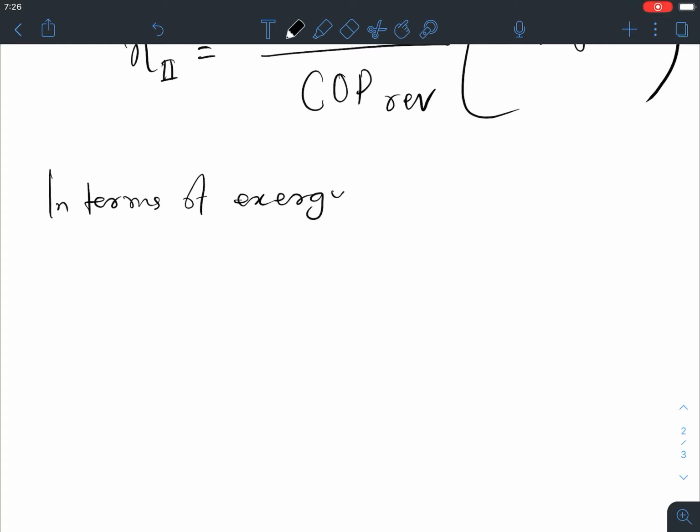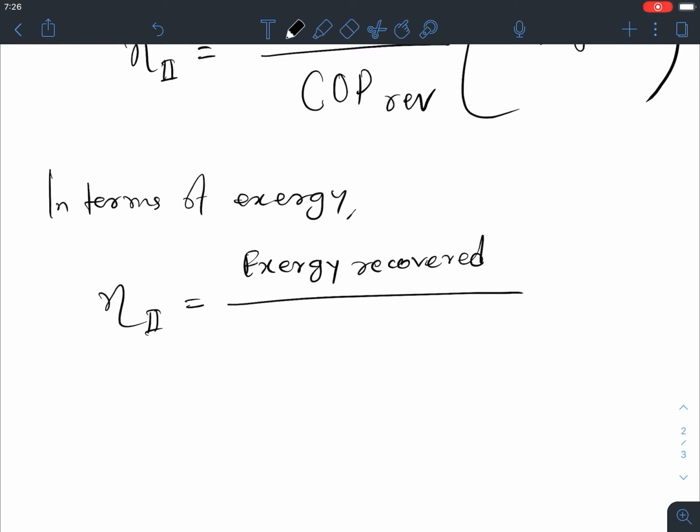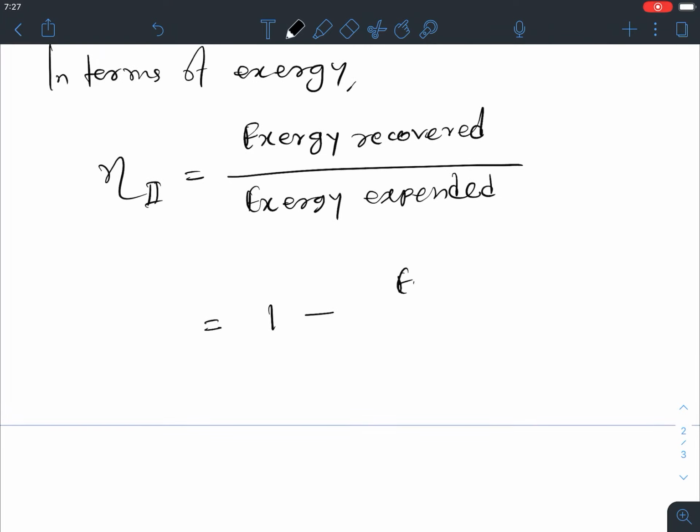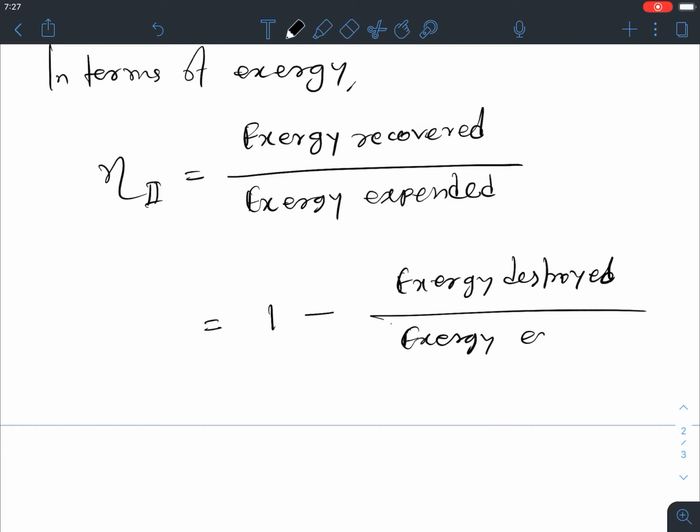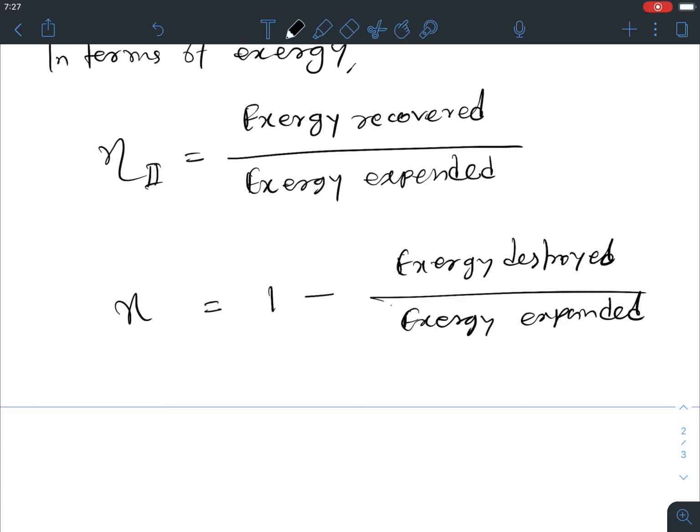So in terms of exergy, the definition would be eta 2 equals exergy recovered divided by exergy expended, which equals 1 minus exergy destroyed divided by exergy expended, right?